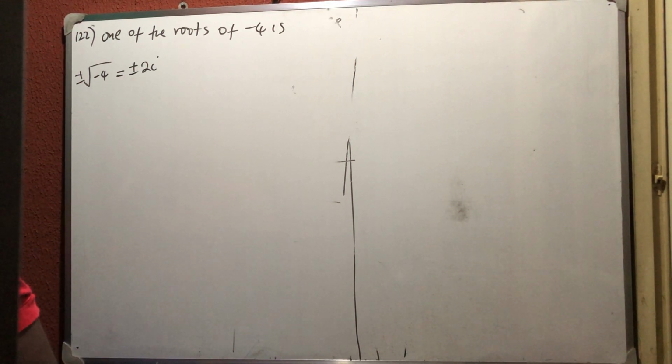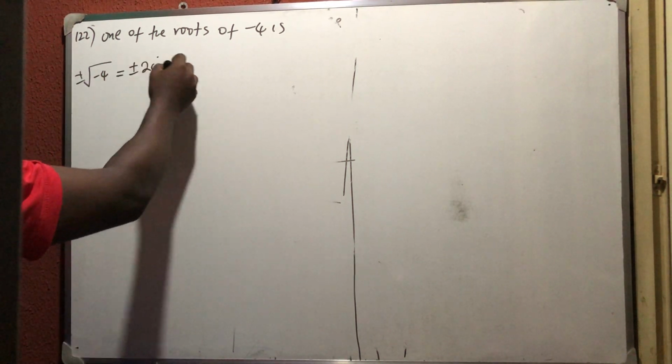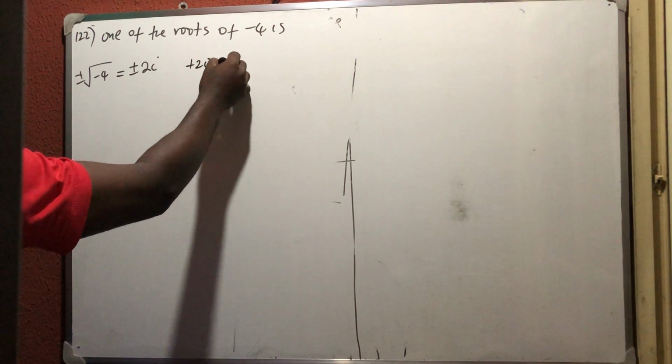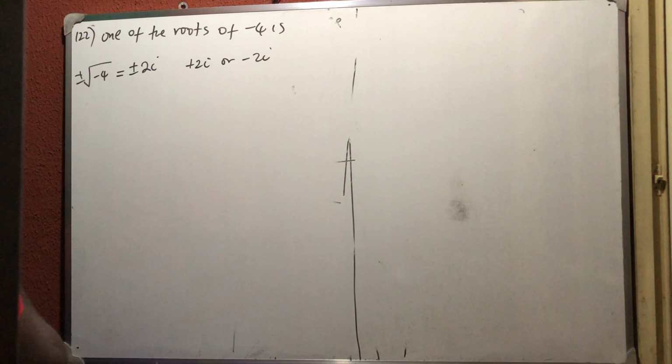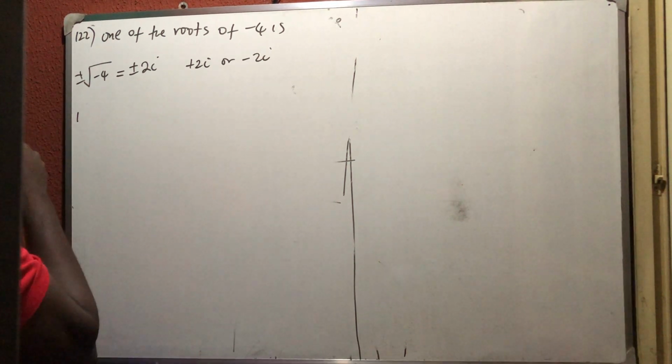One of the roots of minus 4 is dash. The root of minus 4 is either plus 2i or minus 2i. These are the roots of minus 4. Okay, so that is that. I don't understand what they are writing there.